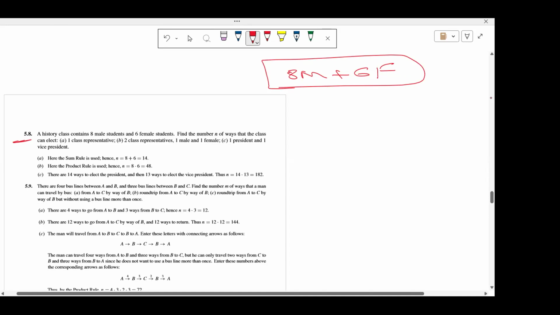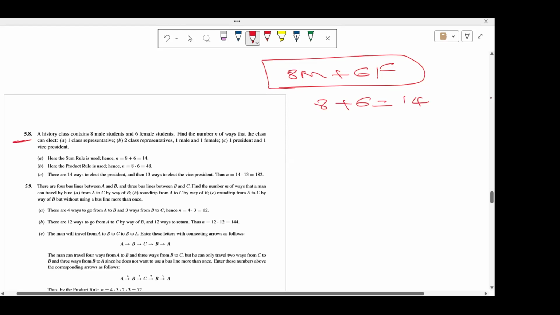It means there are altogether 14 ways, 8 plus 6, 14 ways we can select the one representative. That is the meaning. The representative may be male one, male two, male three, up to male eight, or female one, female two, female three, up to female six.